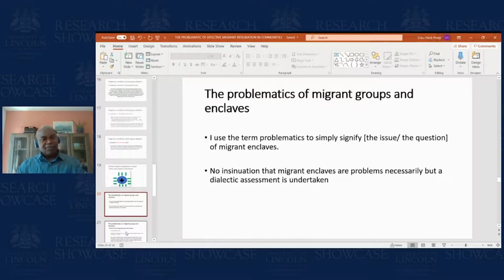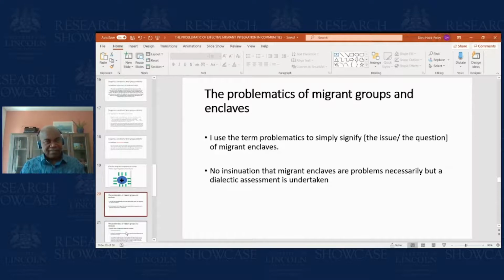So I use the term problematic here because I'm talking about a migrant enclave, not to signify necessarily a problem, but I'm talking about problematic in terms of issues with migrant enclave. Because I talked about earlier, I said the enclaves have some positives. They can help heal the psychological problems that migrants have when they leave their country, particularly the problems of homesickness, of dislocation and social isolation, and these sort of things.